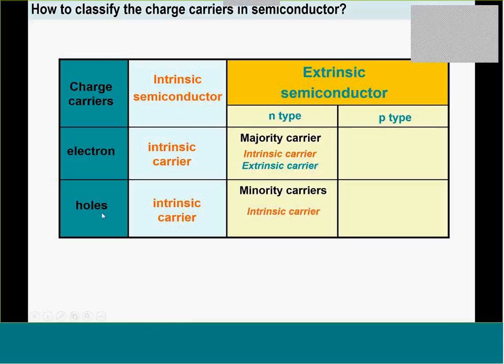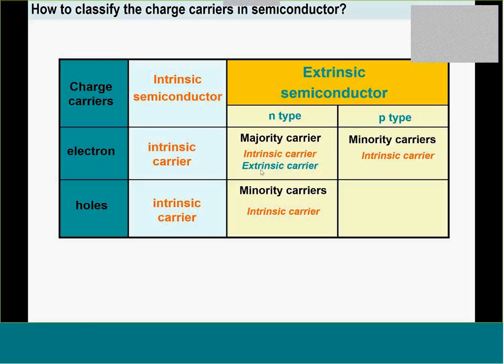If the host is the minority carrier, and our doping is only a donor dopant, then we only have the extrinsic carriers from the donor, but not extrinsic carriers for the host, unless we doped it with both acceptor and donor. In the case where we only dope the donor, only the electron is the extrinsic carrier.